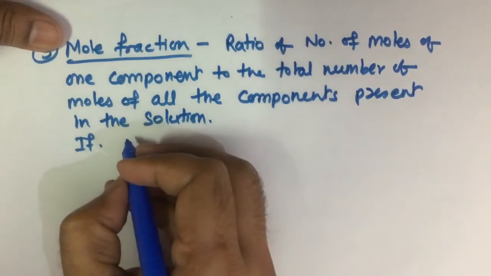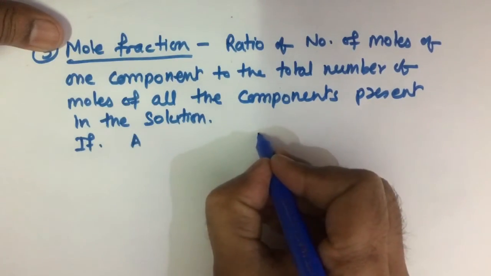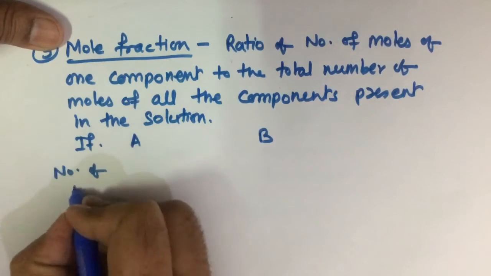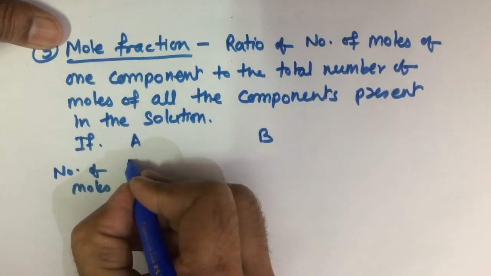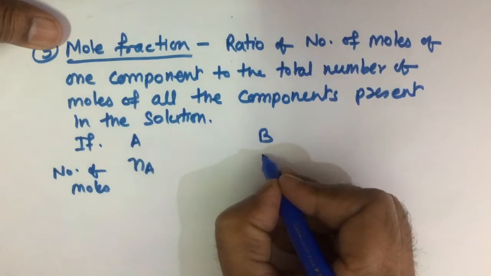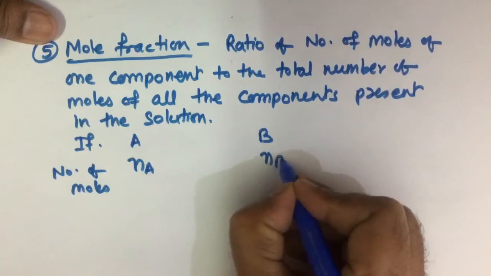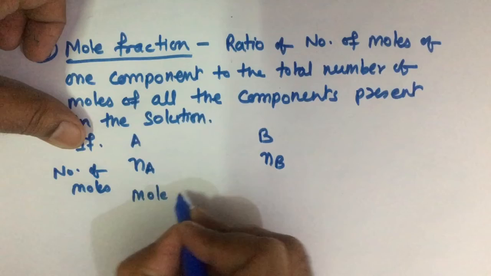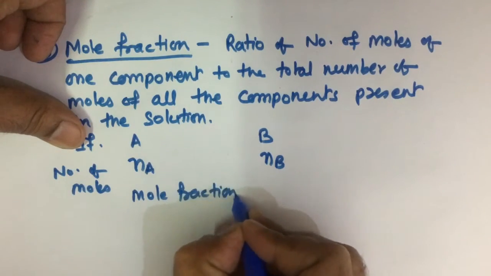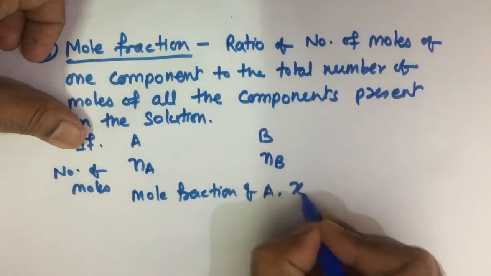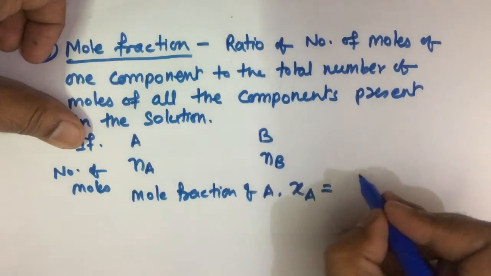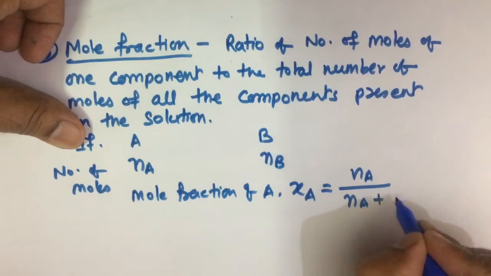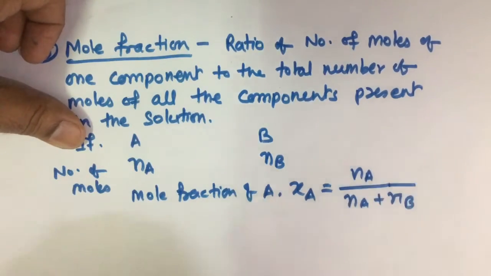Now if a solution has two components, component A and component B, where number of moles of component A is Na and number of moles of component B is Nb, then mole fraction of A, given by Xa, is equal to Na upon Na plus Nb.